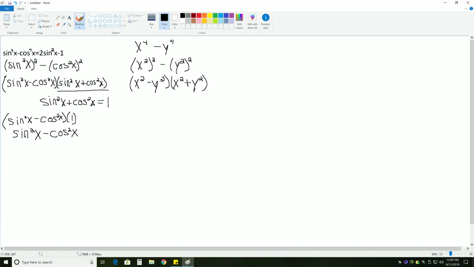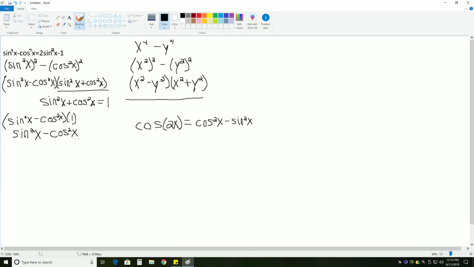Okay, so we still have to work toward getting this 2 sine squared x minus 1. And if you recall, we have an identity that says cosine of 2x, I'll write this off to the side actually, this way it doesn't get too confusing. We have an identity that says cosine of 2x is equal to cosine squared x minus sine squared x. Right here we have sine squared x minus cosine squared x.